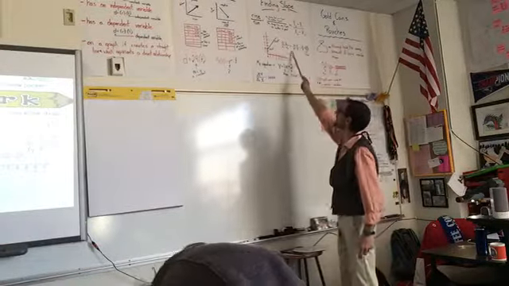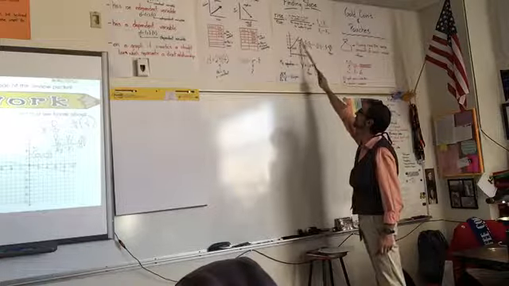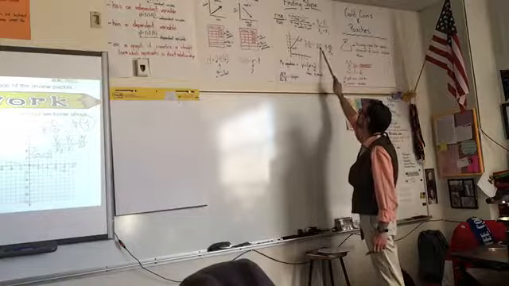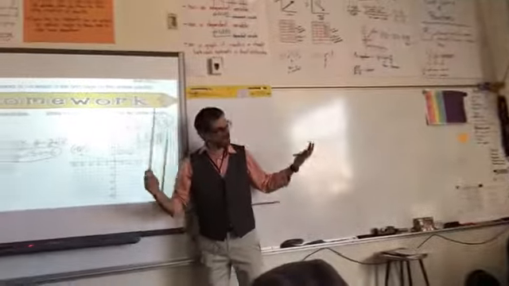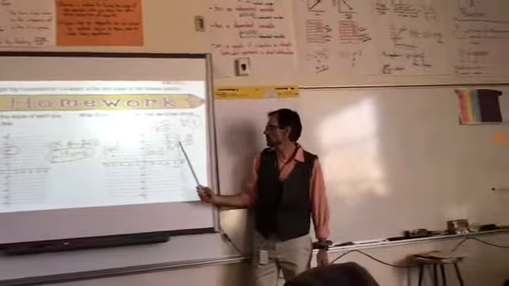Rise over run. I even give you an example of here's coordinate point 2, there's coordinate point 1, and I even show you the slope. I always leave my anchor charts up. So, yes, you will know how to do it this way.